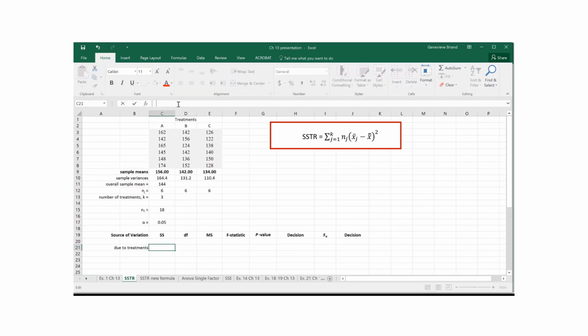So following the instruction from the equation, I'm going to take the sample mean from the first treatment, subtract from it the overall sample mean, then I want to square that, and actually you want to multiply that by the sample size.